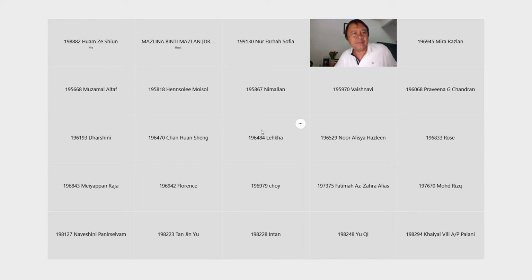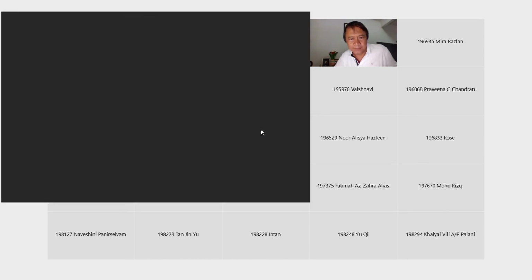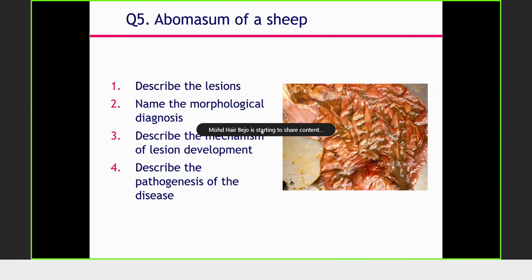Where is the setting? I was still looking for the slide to share. Yeah, still the same one.